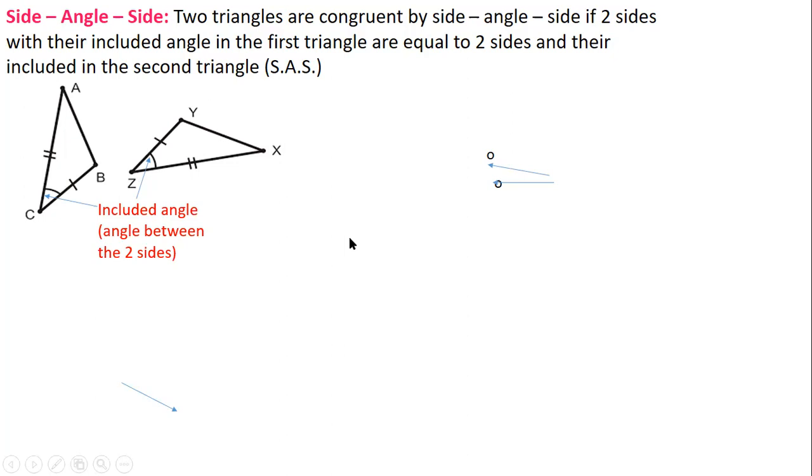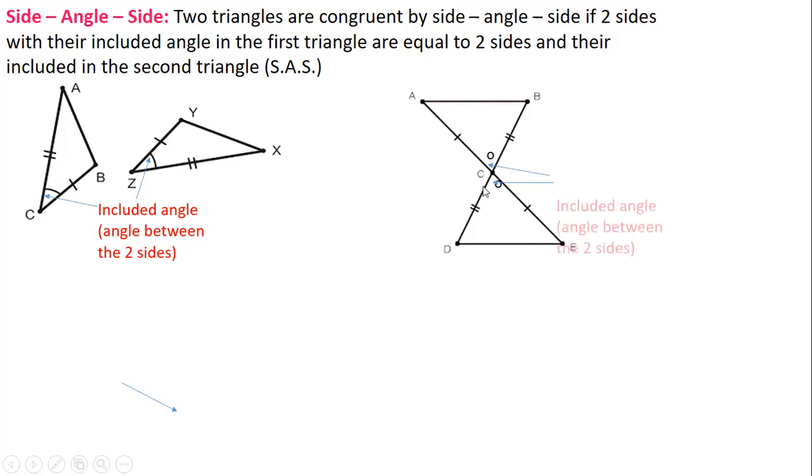Also in the second figure, if I'm talking about the triangle ACB and the triangle DCE, between side AC and side CB, this is the included angle. Between side DC and CE, of course, this is the included angle.